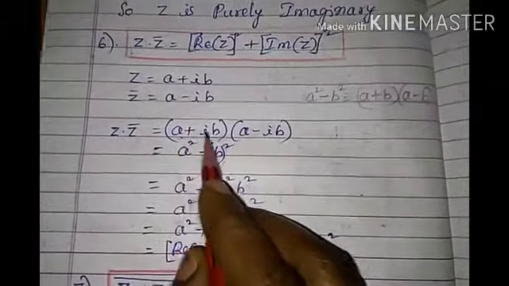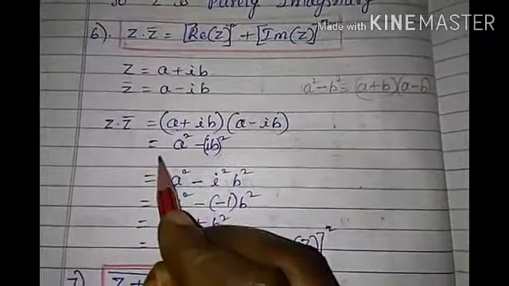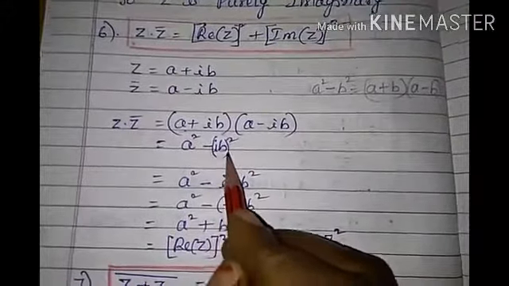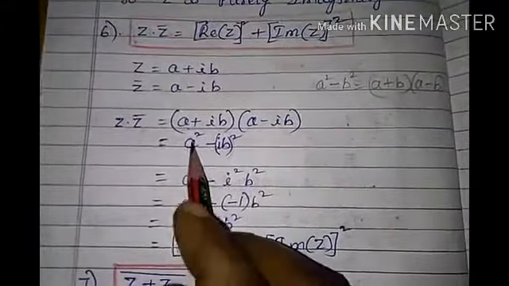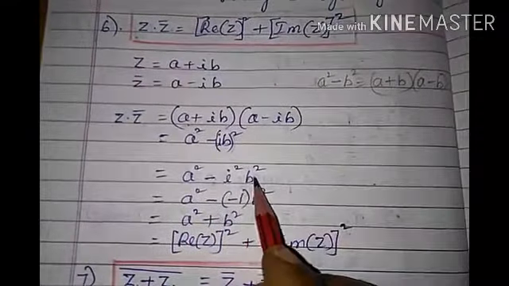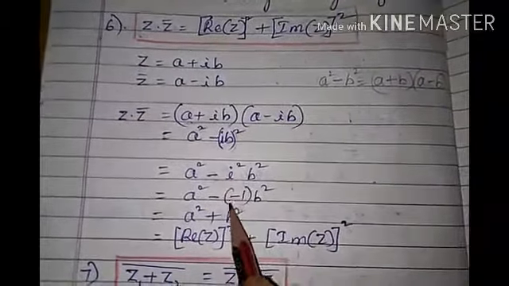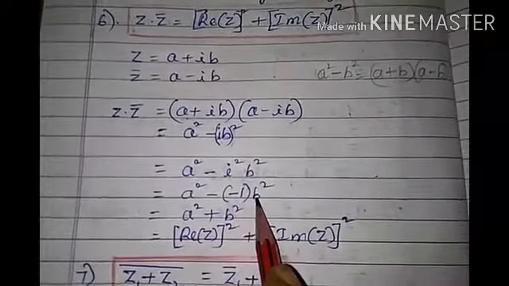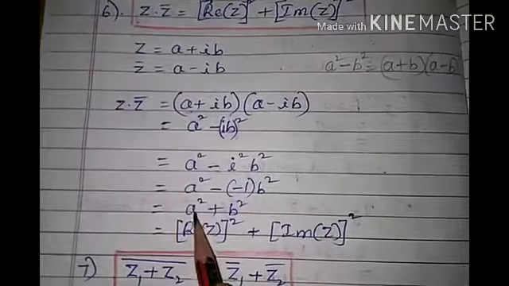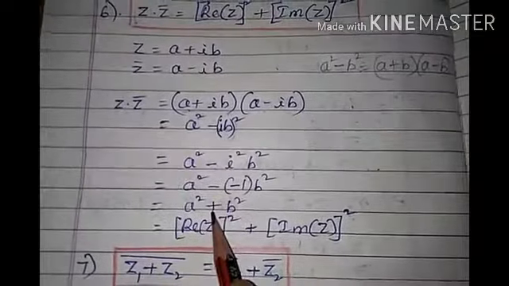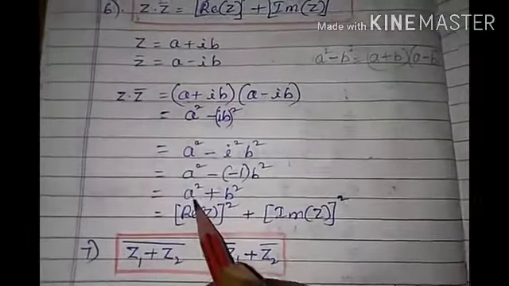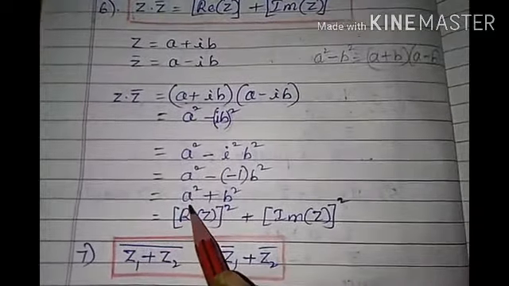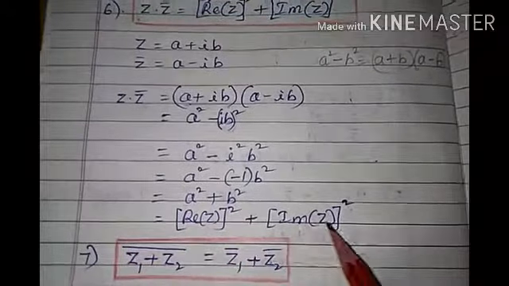So a plus ib into a minus ib is equal to a square minus ib whole square. That is equal to a square minus i square into b square. The value of i square is equal to minus 1. So it is equal to a square minus of minus 1 into b square. That is equal to a square plus b square. We know that a is denoted as real z and b is denoted as imaginary z.